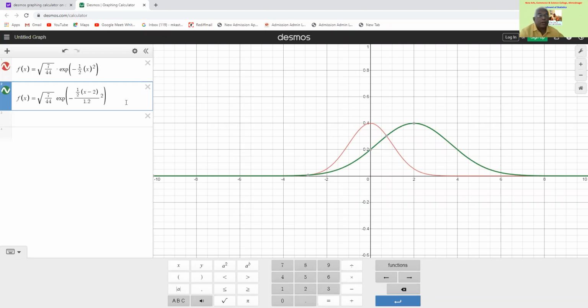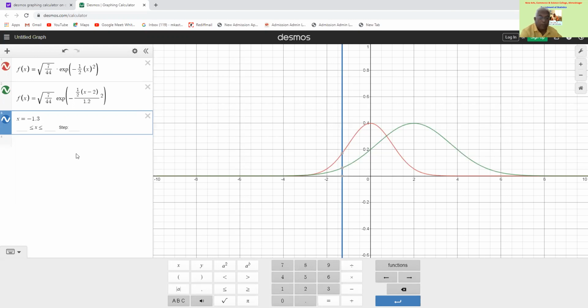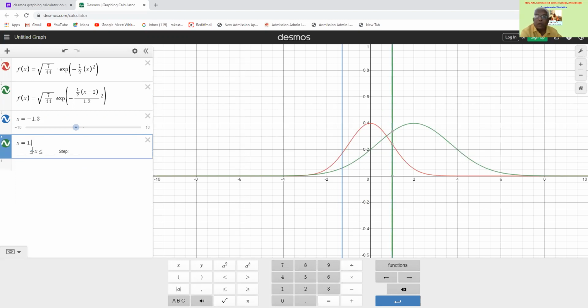Because if you talk about the line, see here.